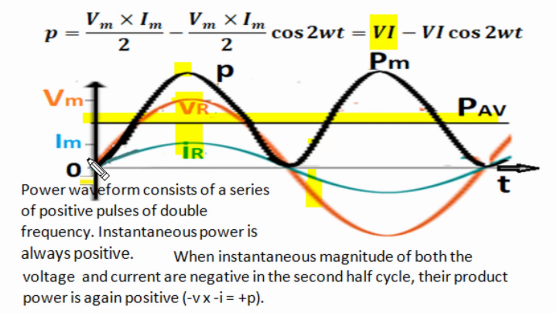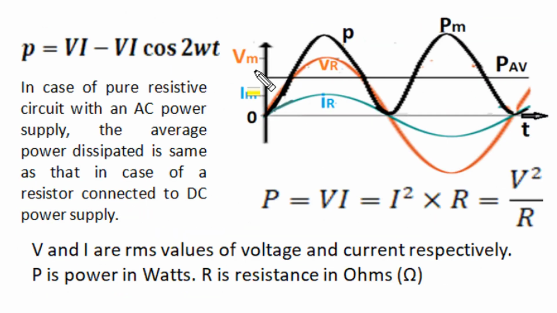So we can say this black dark wave consists of two components. One is a uniform constant component, average power, and the second is a double frequency cosinusoidal function if we treat 0 here. So the average value of power in resistance for alternating voltage supply or alternating current flow becomes this product of RMS voltage and RMS current.